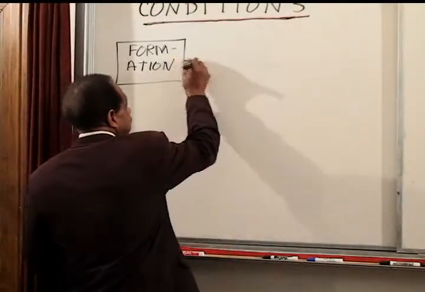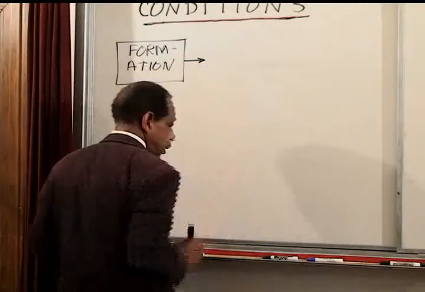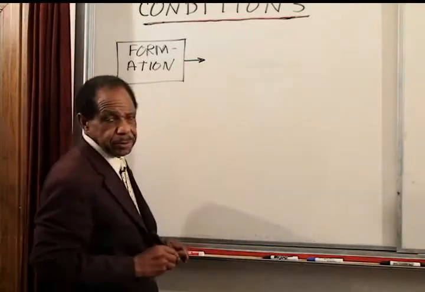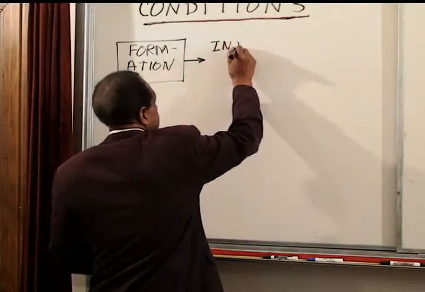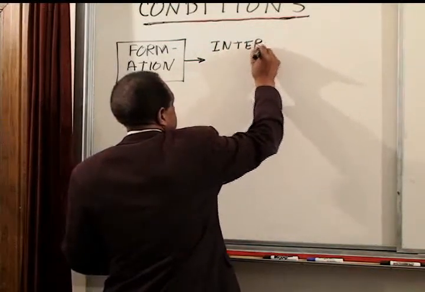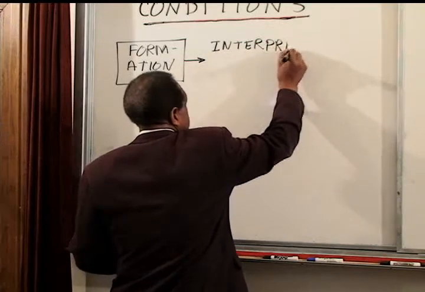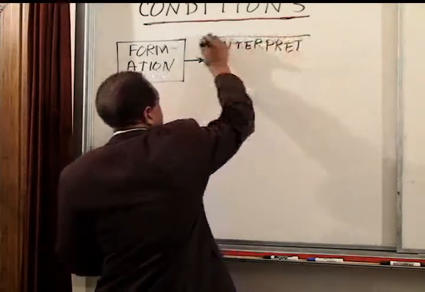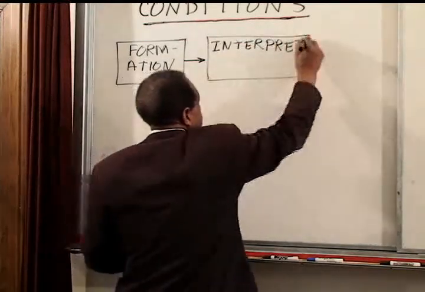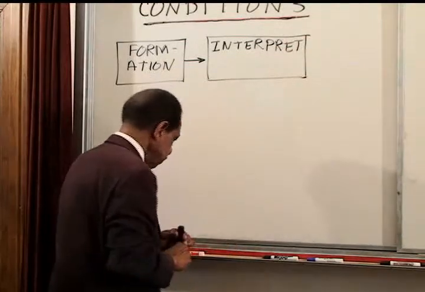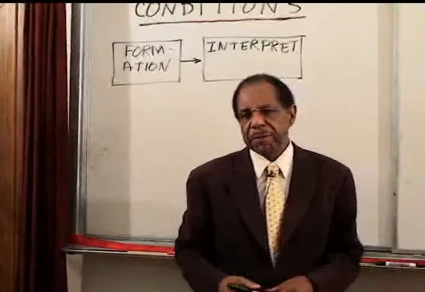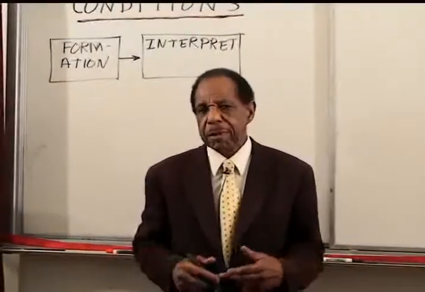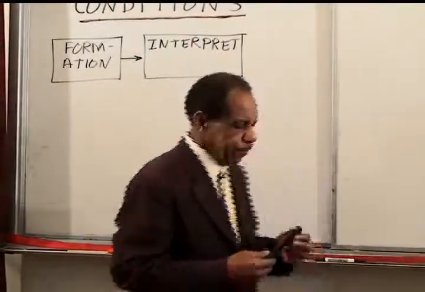After the contract has been formed, the next problem is to interpret the terms of the contract. And in this area, we have problems such as the problem of mistake, ambiguity, parole evidence rule.